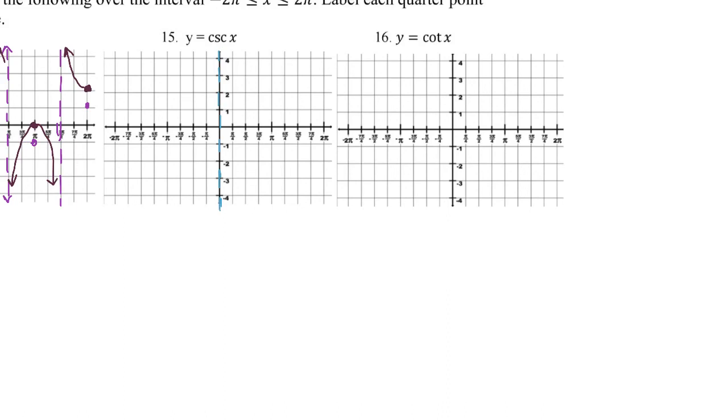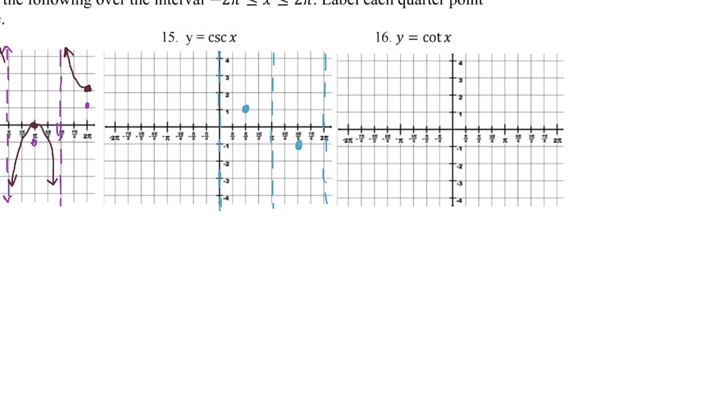And then we go over to pi over 2, and sine of pi over 2 was 1, so the reciprocal of 1 is still 1. And then at pi, sine was 0. And then at 3 pi over 2, sine was -1. And then at 2 pi, sine was 0 again, so we have that.